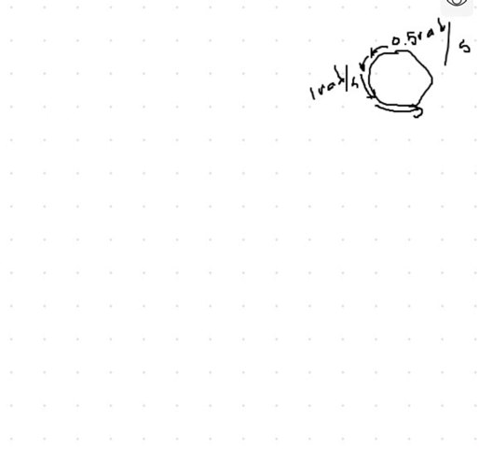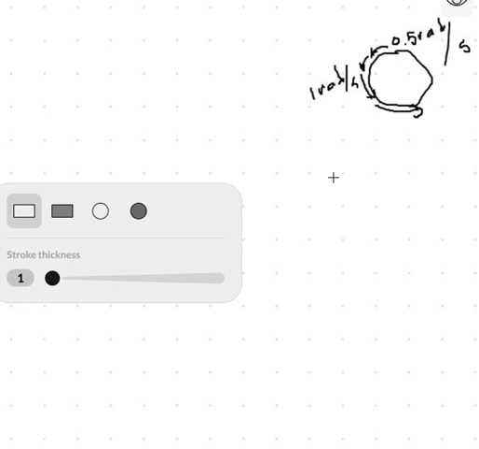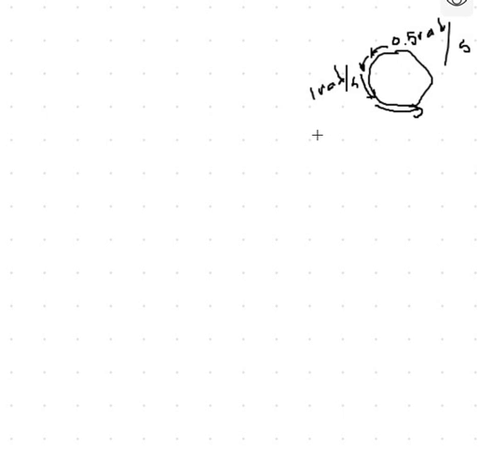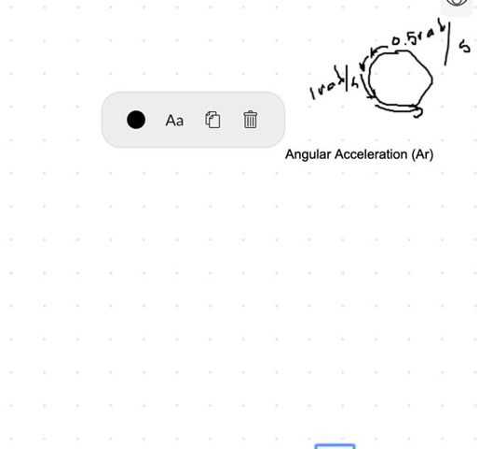In this scenario, what has changed about this object is its angular speed, W, has increased, because its movement around the outside of the circle is all of a sudden going faster. So because W has increased, we have an angular acceleration.